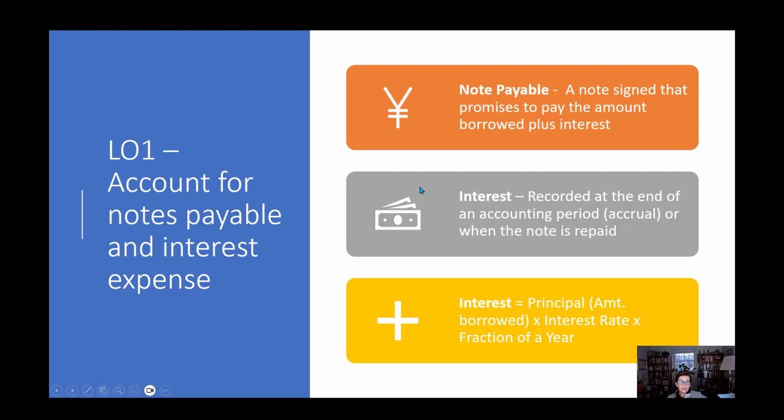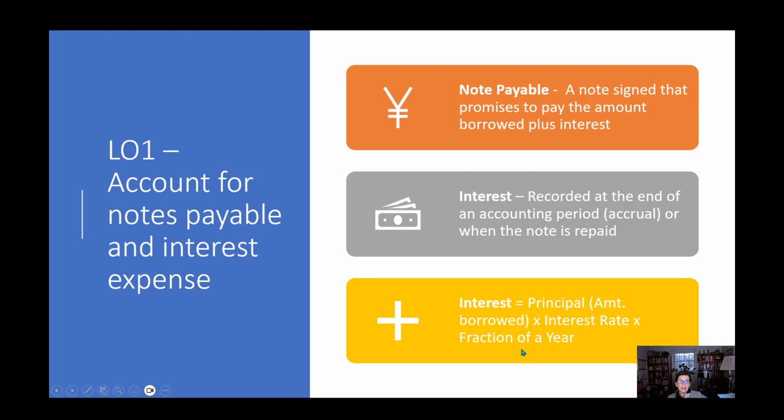So from the company's point of view, when they owe the money, they're the borrowing company, they record the interest either at the end of an accounting period, if they still owe the money, they make an accrual, or they record the interest when the note is paid, all right? And the amount of interest is the principal times the interest rate times the time in fraction of a year.